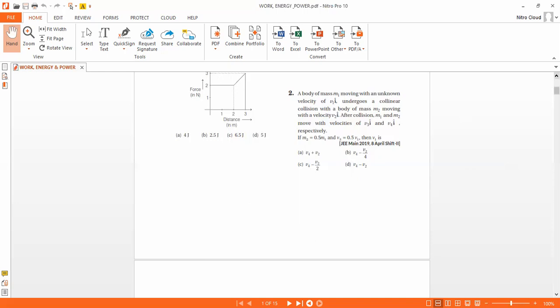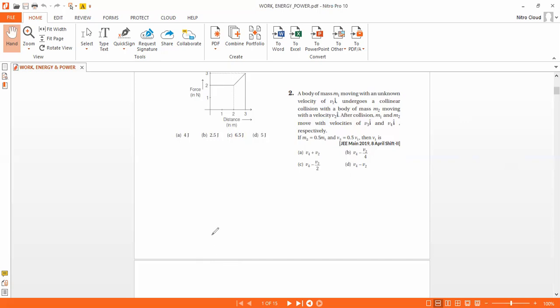The direction of impact before and after collision is the same. If m2 equals 0.5 m1 and v3 equals 0.5 v1. Now see here, before and after collision, the particle does not change its direction.